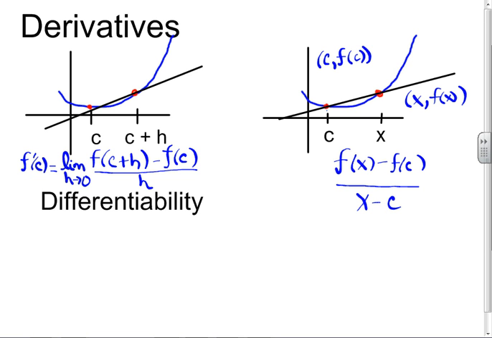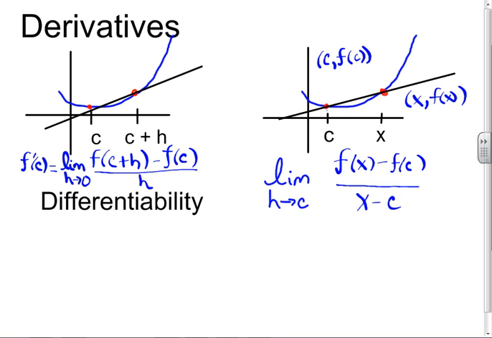And I'm going to take this point here and drag it closer. I want this to get closer and closer to c. So it's the limit as x approaches c.